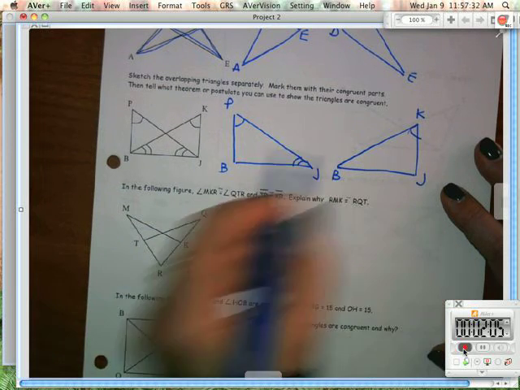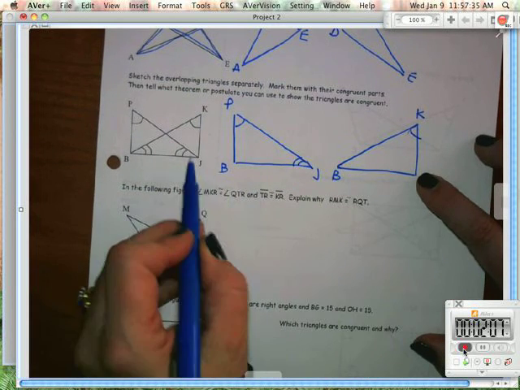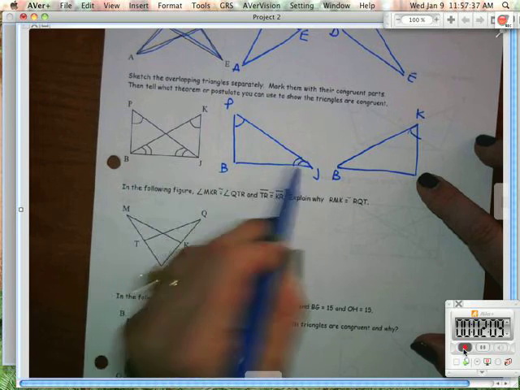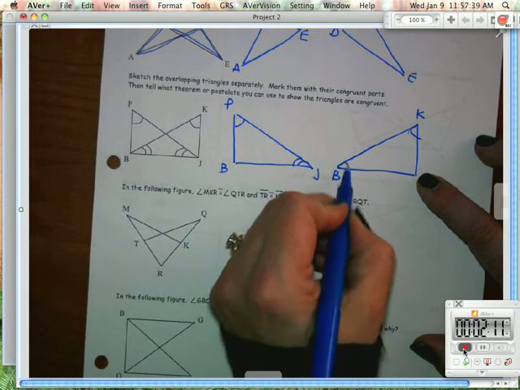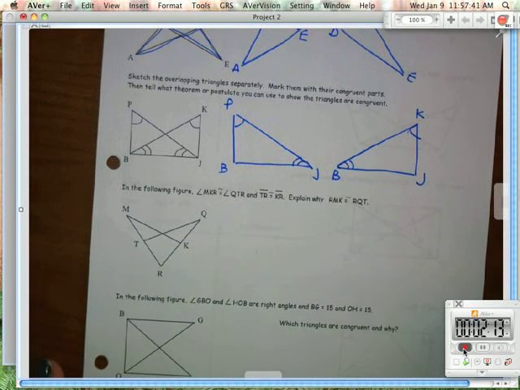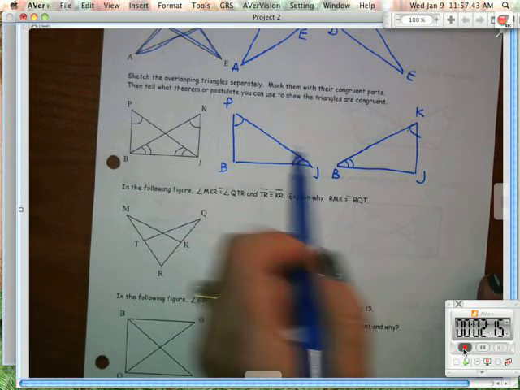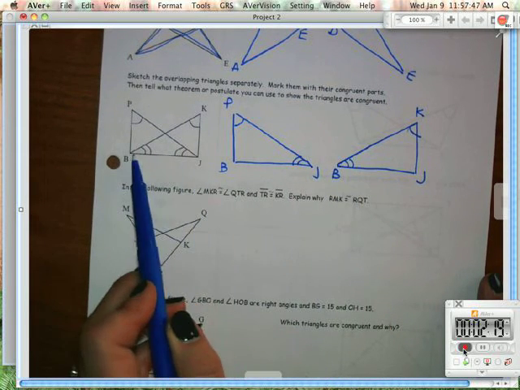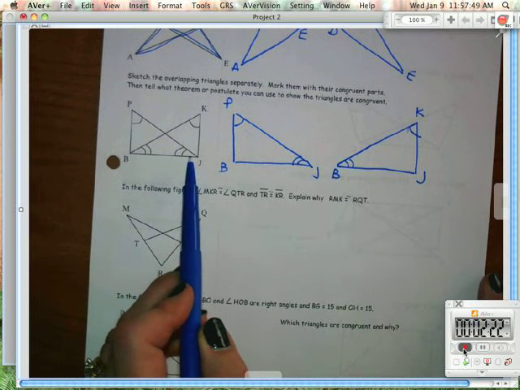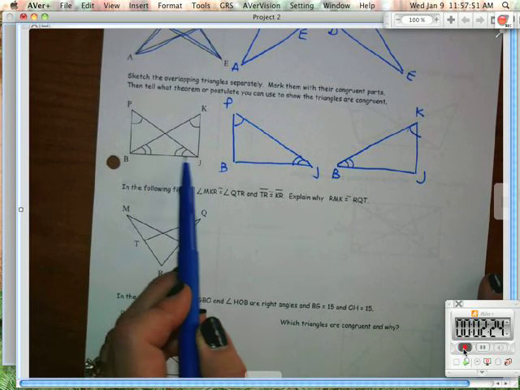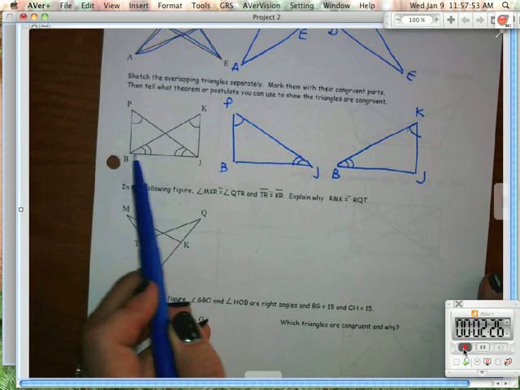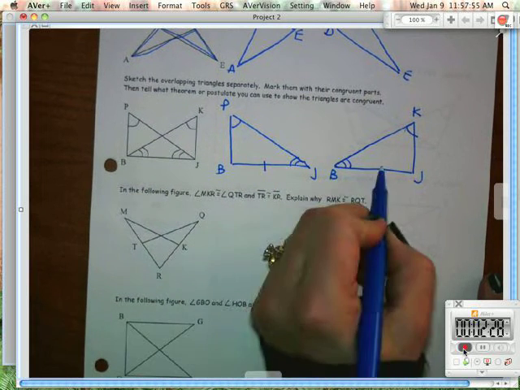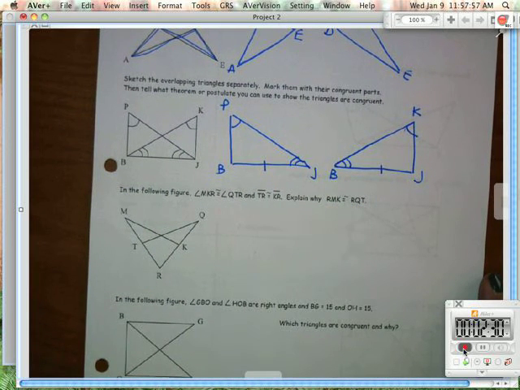But I can't do that because it's only this part of J. But I can do B, which makes sense if you look at it. Now the other thing I have to do is take a minute and look at my drawing again and say, is there any other part that they actually share, which means that they have congruent parts in common? And look, BJ is congruent to itself, so that means in these pictures those sides are congruent as well.